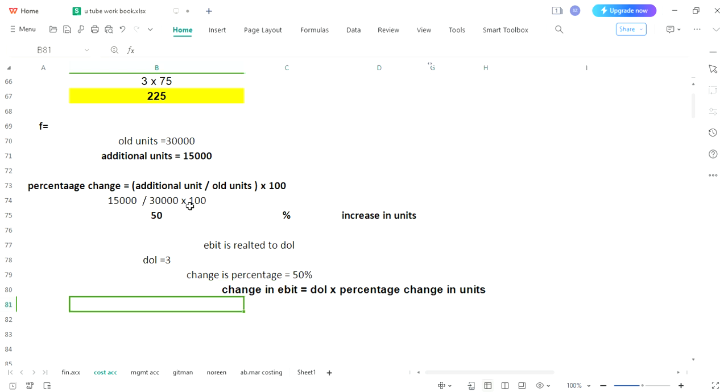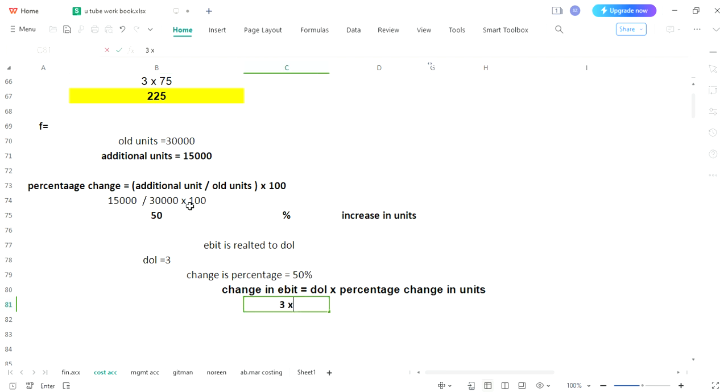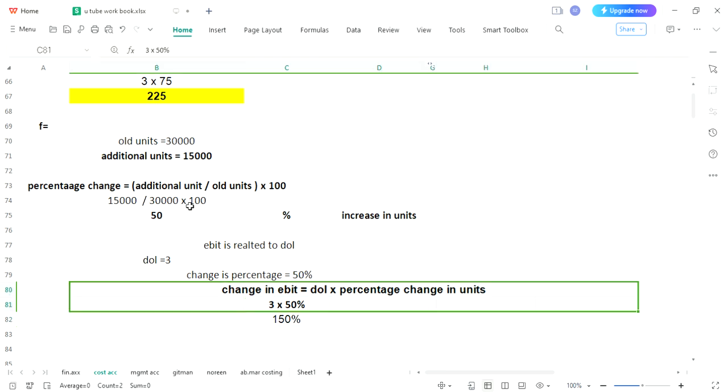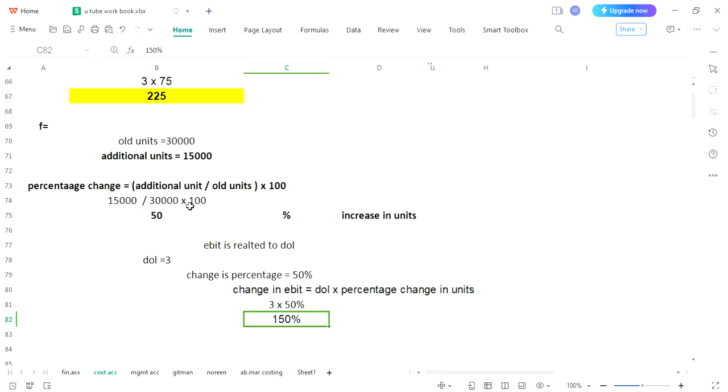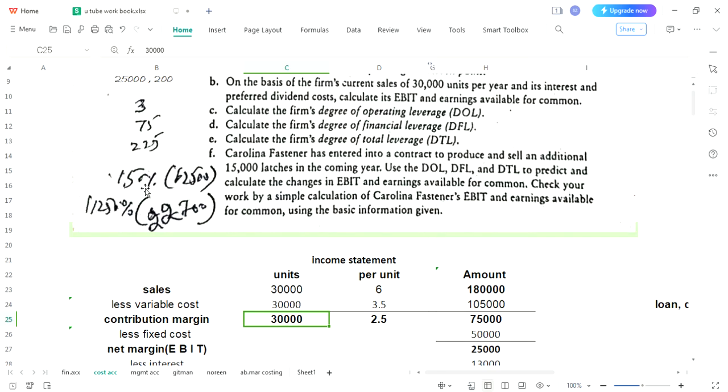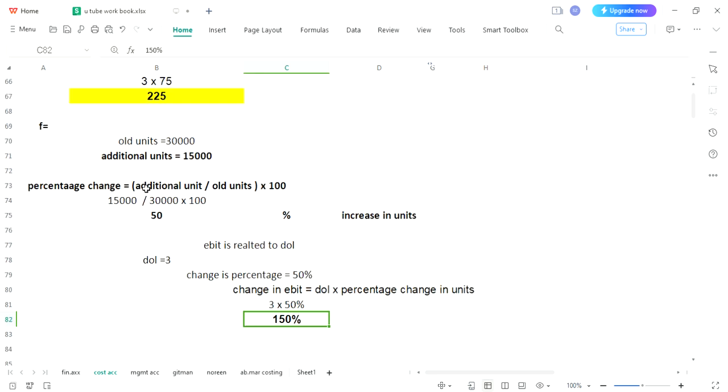So degree of operating leverage is 3 and then you will multiply it with percentage change, that was 50%. Finally you can calculate it. 50 multiplied by 3 is equal to 150%. So this is your actual answer, 150%. Let's check it out for F point. We have 150%, and same 150% has been calculated over here. Let's mark it as completed.